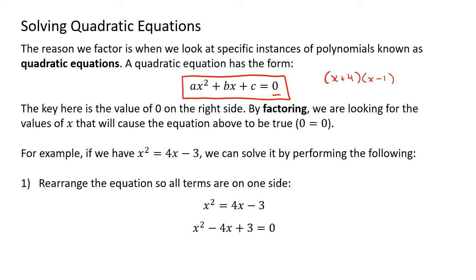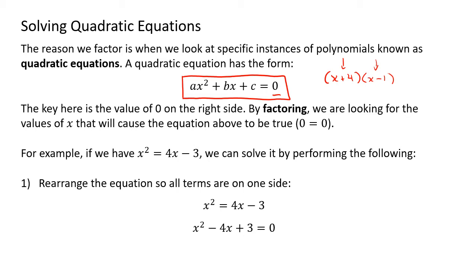In other words, what values of x will make that expression true? And by factoring it into two sets of brackets, we find two numbers that will give you a value of 0. How we solve that is what I'm going to go through in these steps.